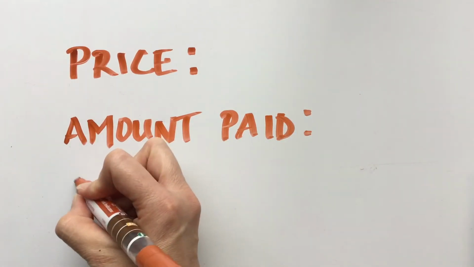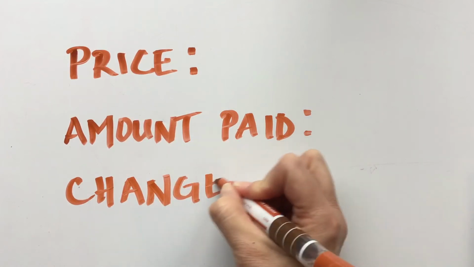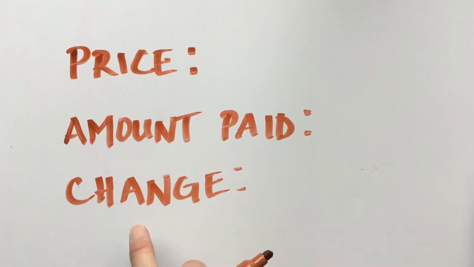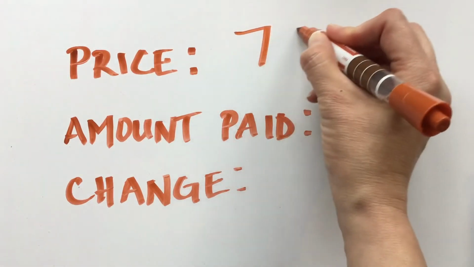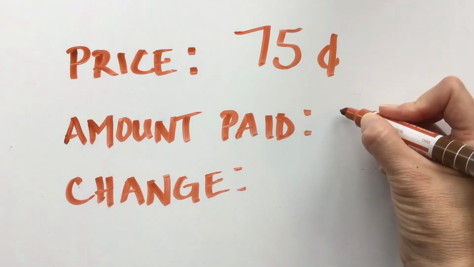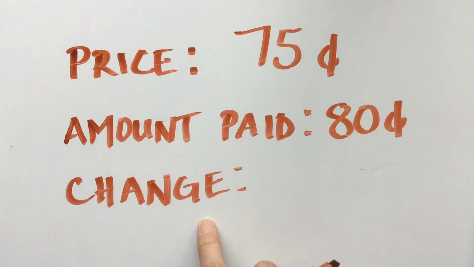Underneath, I'm going to write change. Remember, this is the difference owed. The money that I want back is the difference owed. Let's say there's an item that costs 75 cents. Let's say I don't have 75 cents exactly in my pocket, and I give 80 cents. What would be the change?